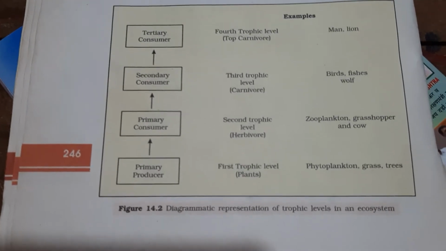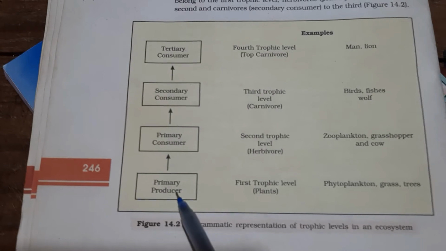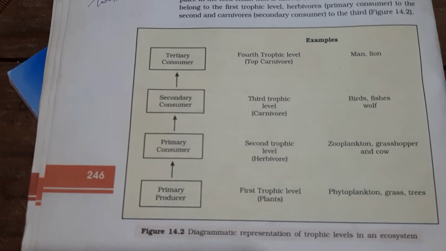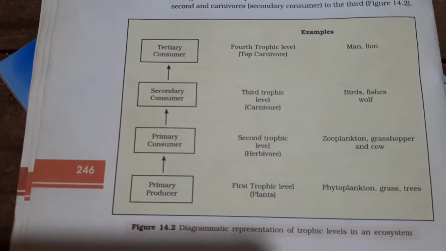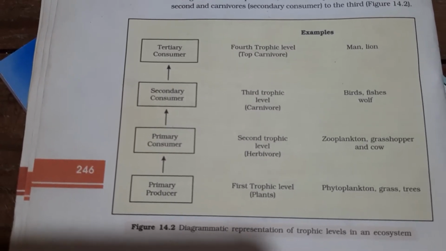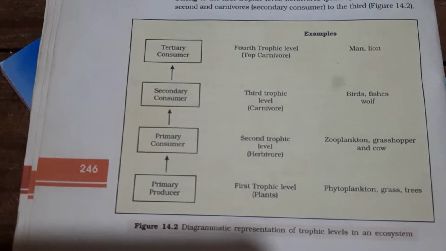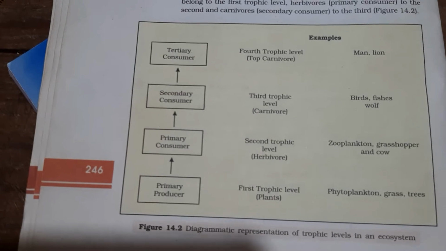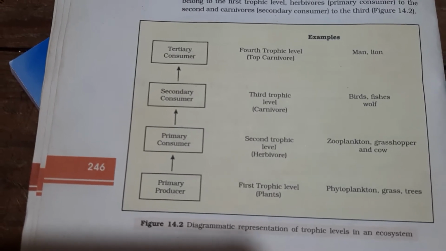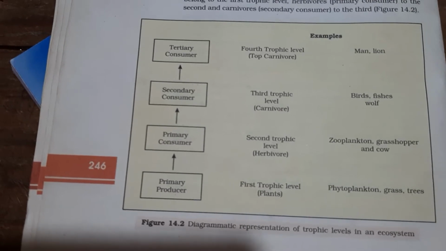Starting with producers. Producers are autotrophs. So what are autotrophs? Autotrophs are living organisms which produce their own food as per the requirements of growth, development, and reproduction.